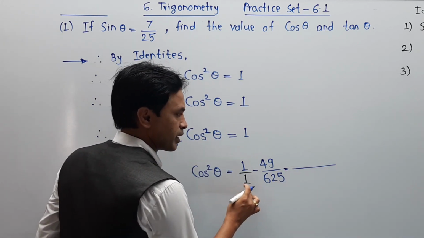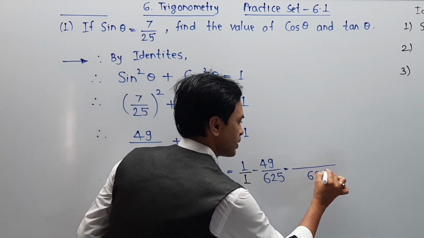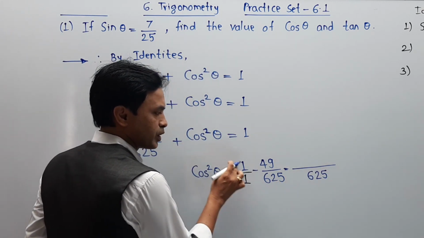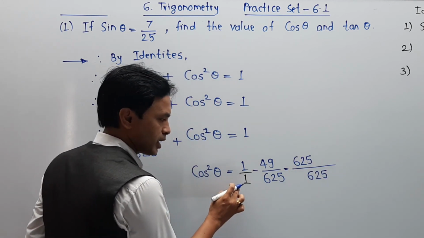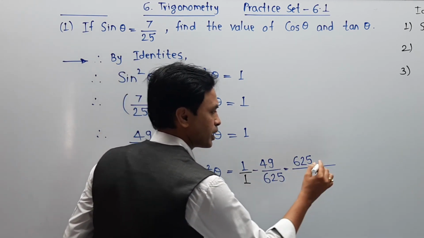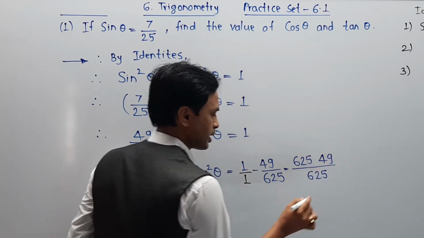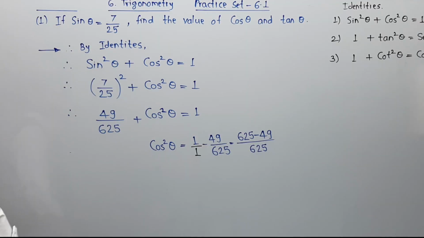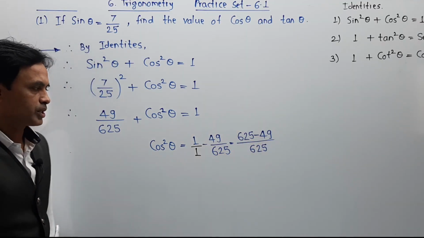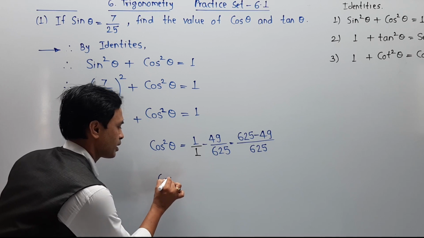625 into 1 becomes 625, and 1 into 49 becomes 49. The middle part contains a minus sign, indicating subtraction.